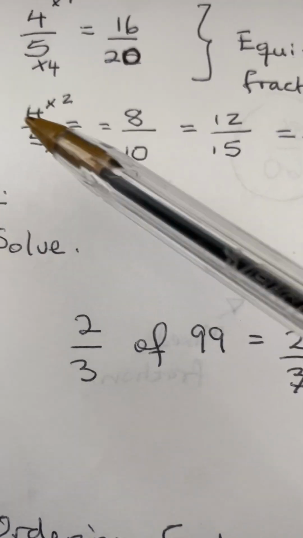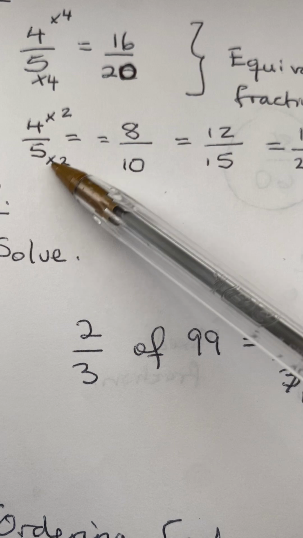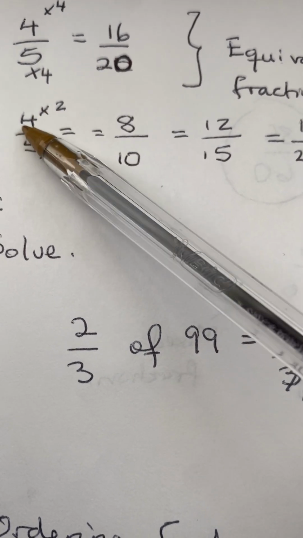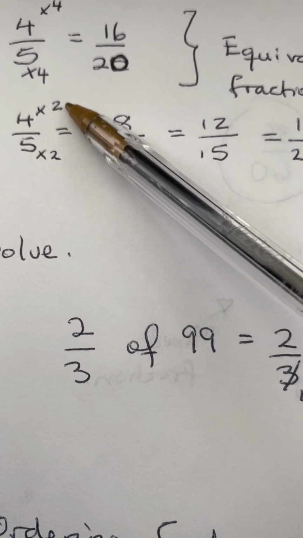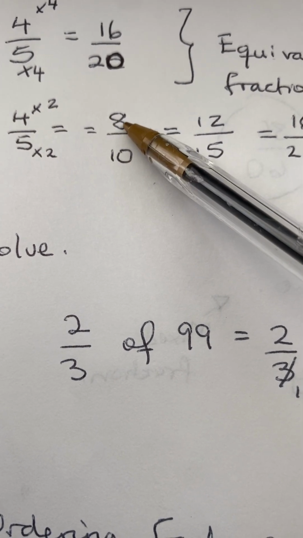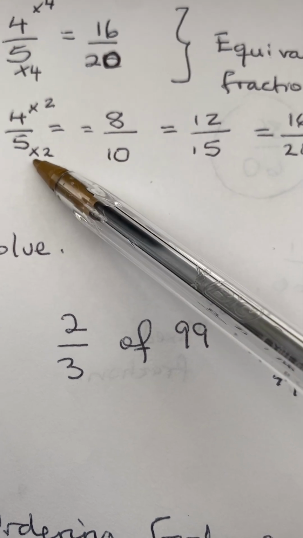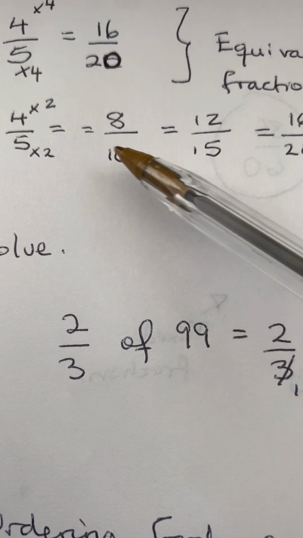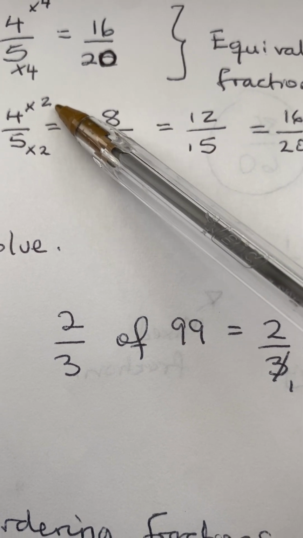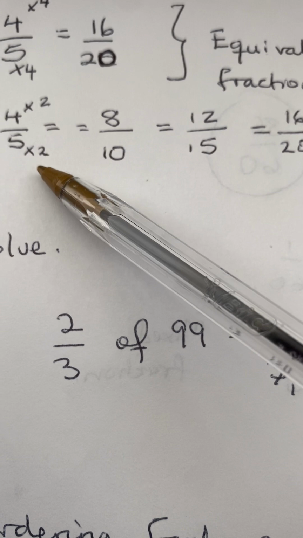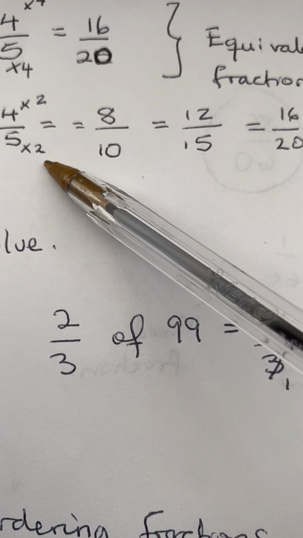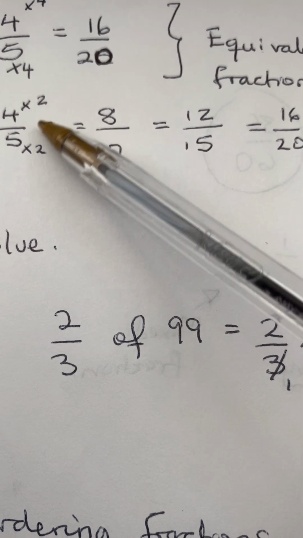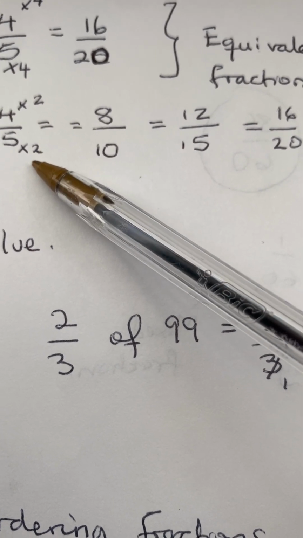Now let's do some simple examples before we move ahead. So 4/5 again, times 2 at the numerator is 8, times 2 at the denominator is 10. Whatever number you use for the numerator, you have to use the same for the denominator. Don't use 2 for the numerator and 3 for the denominator.